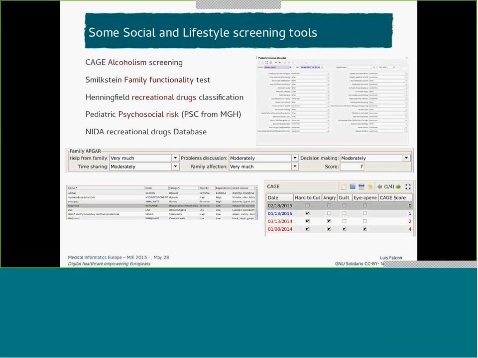In the screenshots here we have, for example, the CAGE algorithm screening.